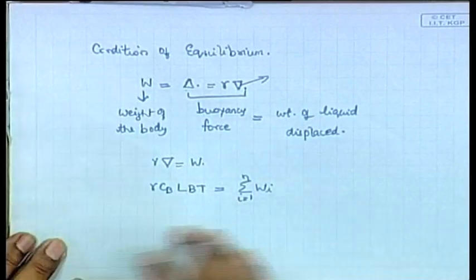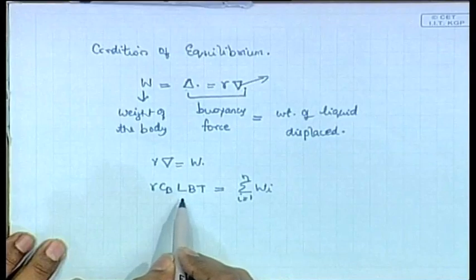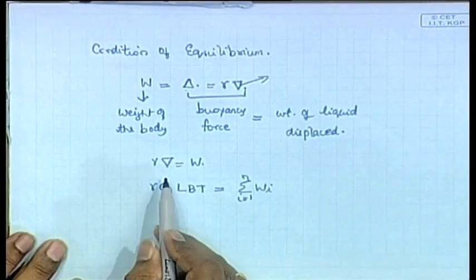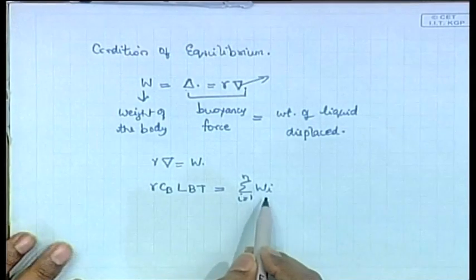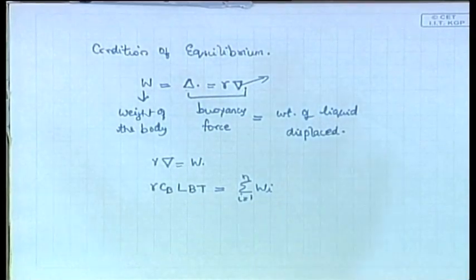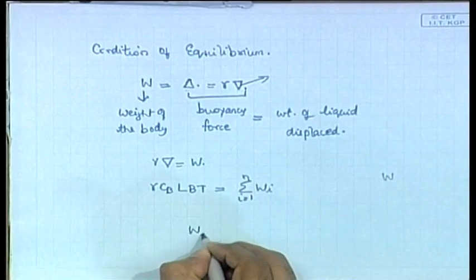Till now we were doing the mathematics and physics. From an engineering point of view, this is of course the same thing. CB is the block coefficient, CB into LBT will give you del if you look at the definition. So, gamma into that is equal to sigma Wi. What it represents is, as far as a ship is concerned, it is not one whole thing, it is made up of the Wi, all right.